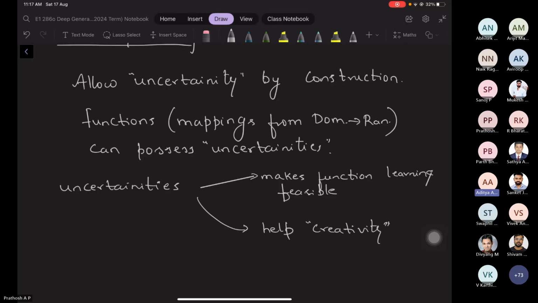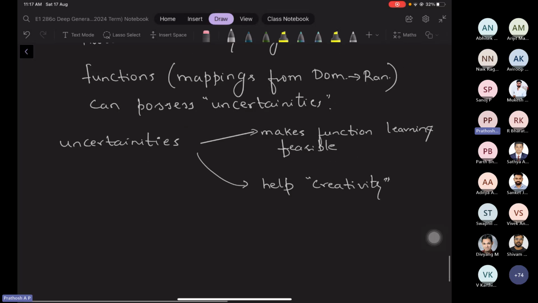Okay. Sure. Yeah, so now let's come to this point: how do you allow uncertainty by construction? The first thing that is done is, remember that we had sets, set A, the way we called it. All the observations that we make, x1, x2, all these observations, which are the elements from the domain.